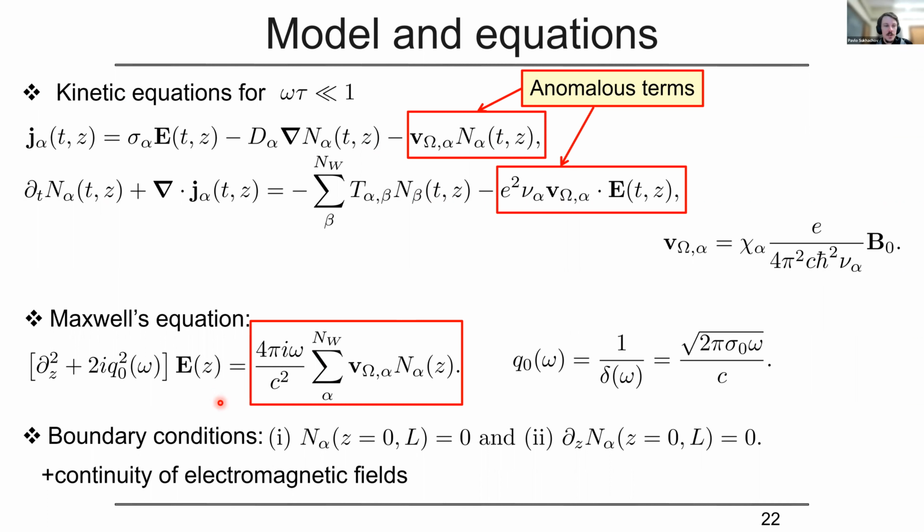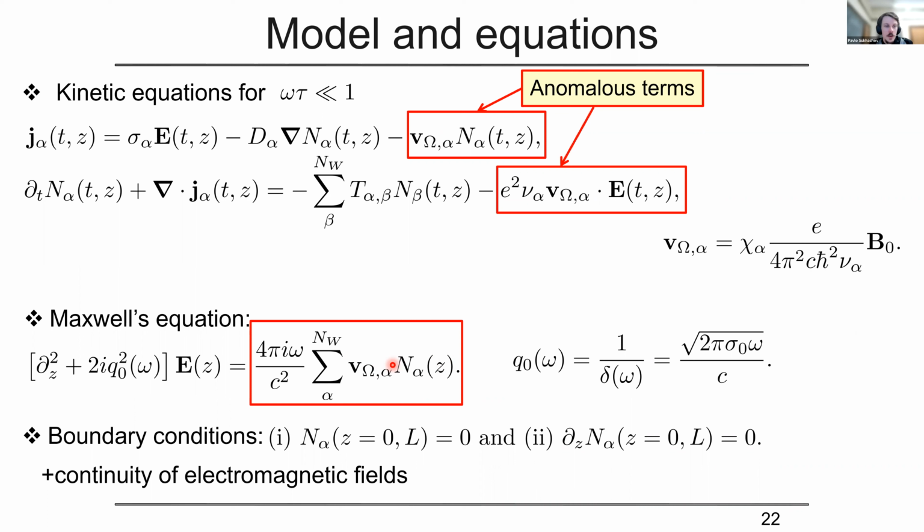And Maxwell equations will be coupled due to these anomalous terms to the chiral charge dynamics. So eventually this means that by exciting the electromagnetic field we can excite a non-trivial distribution of chiral charge, and this chiral charge can be transformed back into the electromagnetic field.